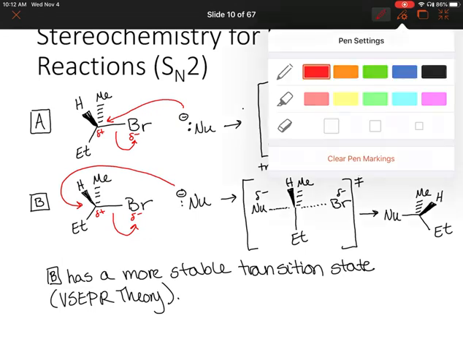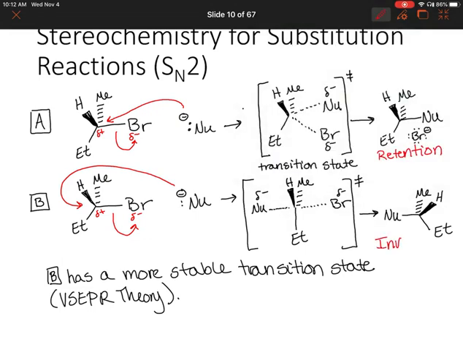So this will be called the inversion product. And again, bromine's hanging out somewhere. We'll just draw it up here, I guess. Okay, so we already said that in example B, the transition state is more stable. And for an SN2 reaction, that's really important.